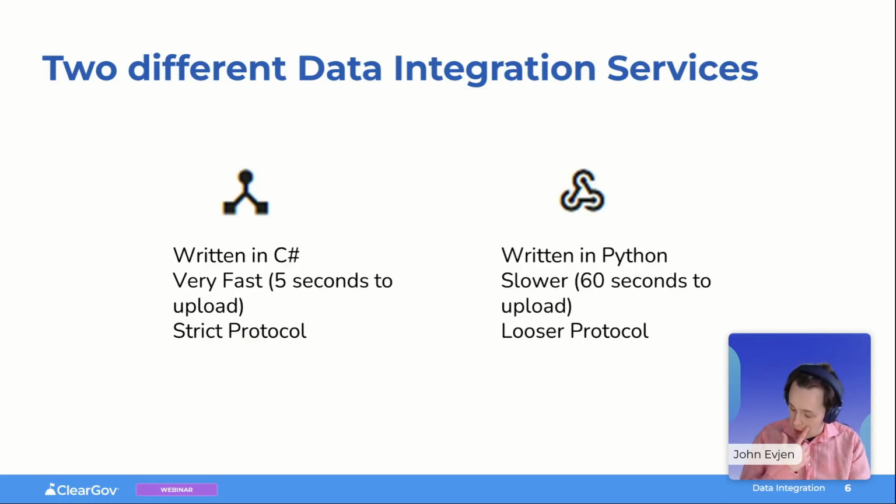The reason Gravity switched to this newer protocol was because we can do new and easier things to allow you to upload your data in an easier fashion. I will be explaining exactly what that means, this idea of a looser protocol, a bit later on.